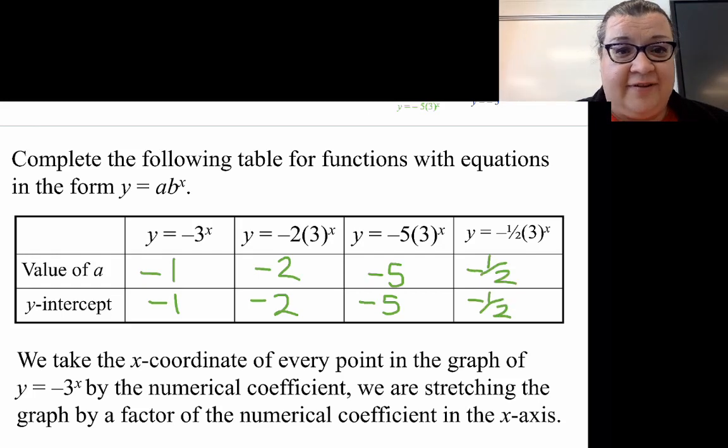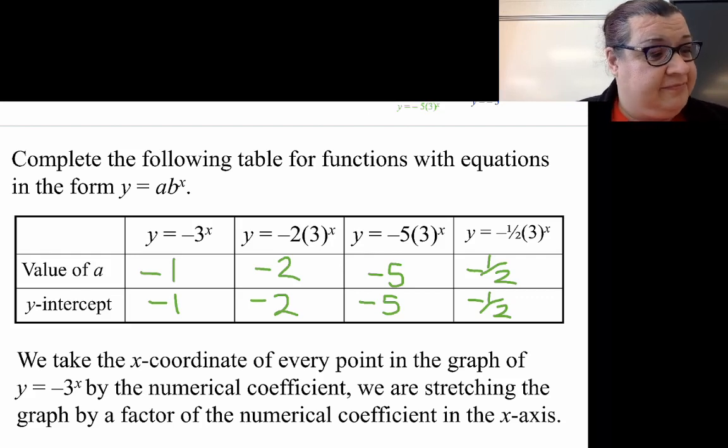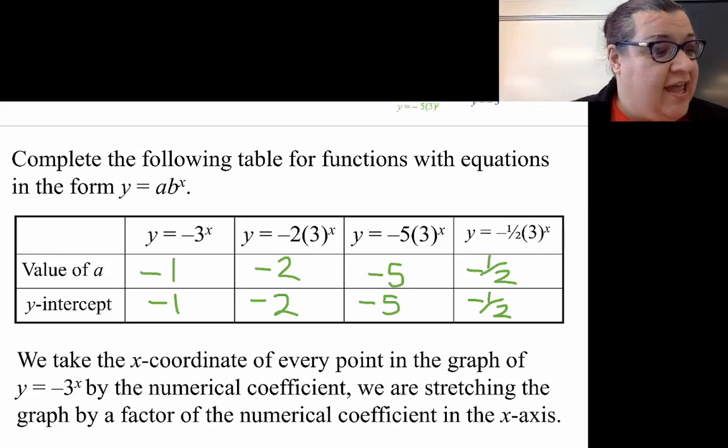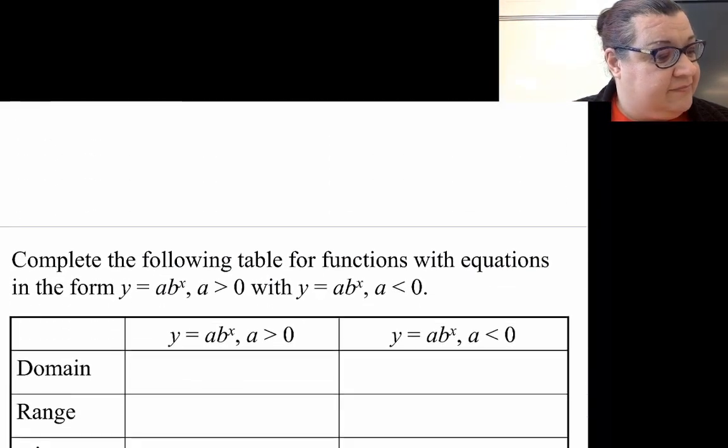So there we've got the note that we take the y-coordinate of every point in the graph of y is equal to 3 to the x, and we multiply it by the numerical coefficient, stretching the graph by a factor of that numerical coefficient. So again, just stretching it by a factor that is equal to a. And when we have negative a's, we see that it's a reflection in the x-axis.